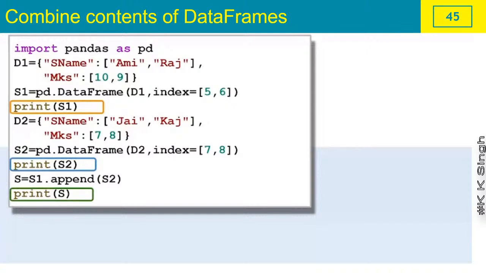So see here, we have a dictionary, and in the dictionary we have keys. These keys are S name and MKS.